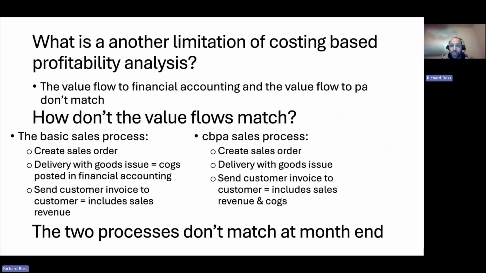In the CBPA sales process, create the sales order, that's the same. Delivery with goods issue, send customer invoice to customer, and includes sales revenue and cost of goods sold. The two processes don't match at month end.